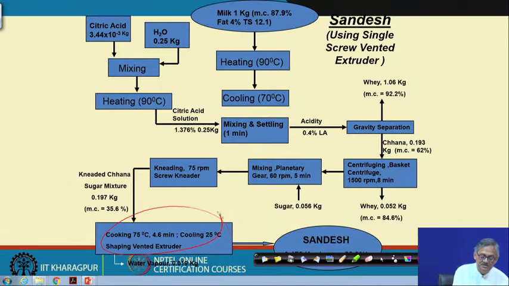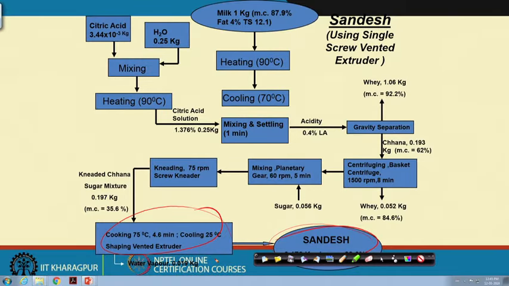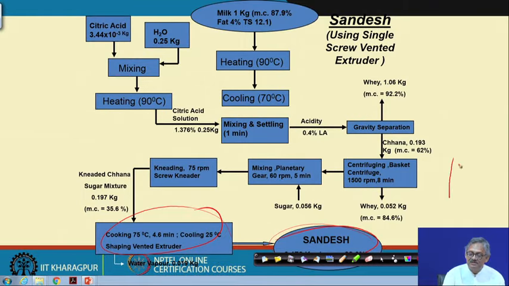So, by this we get sandesh, and since we did not have sandesh generally available in the market of different shape, ours was a cylindrical shape, because when it was coming to the shaping machine, that was only cylindrical in shape.